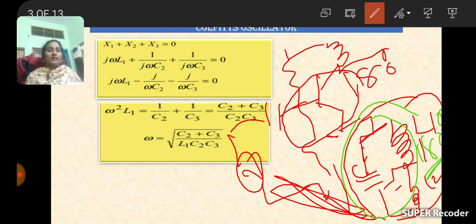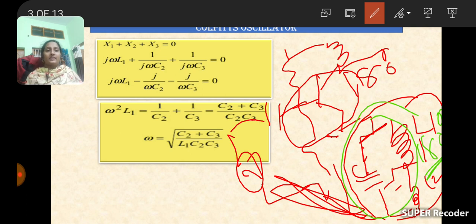Initially the input signal is applied at the base of the transistor and it is amplified, and the 180 degree phase shifted signal is given to the tank circuit through the base of the transistor. Inductors 1 and 2 are connected to the capacitor.